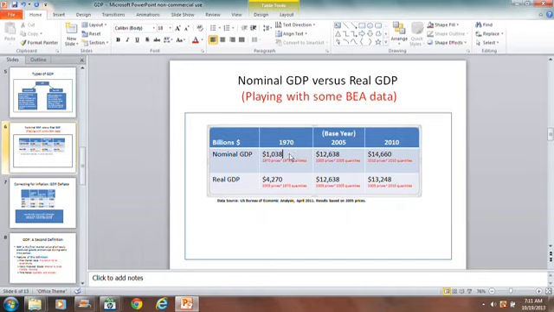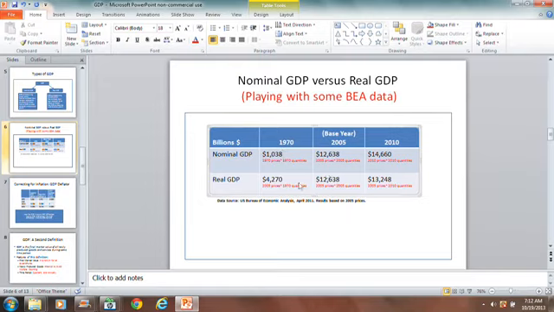That was the value of the expenditures in 1970. And so on a nominal basis, you take the current prices. So you take the prices for 1970, those are the current prices, and you multiply them times the quantities of goods and services that were produced in 1970. So taking current prices times current quantities gives us nominal GDP.